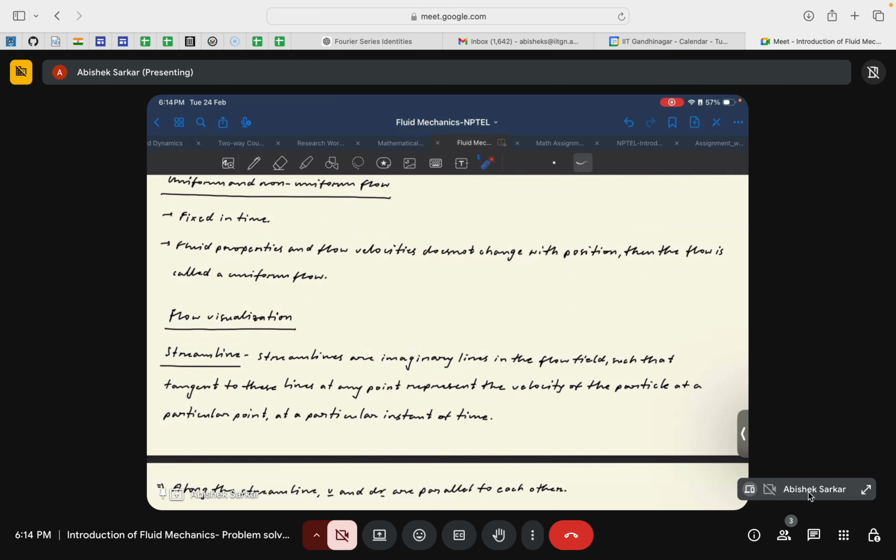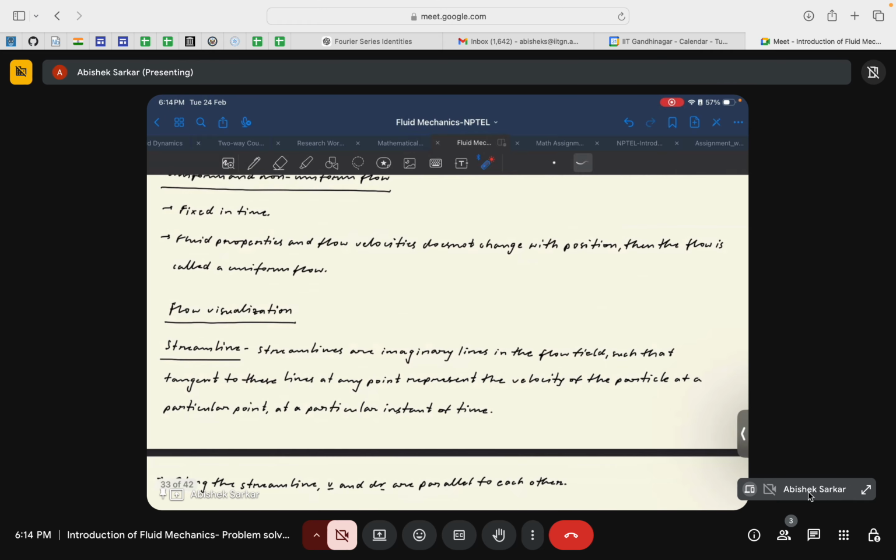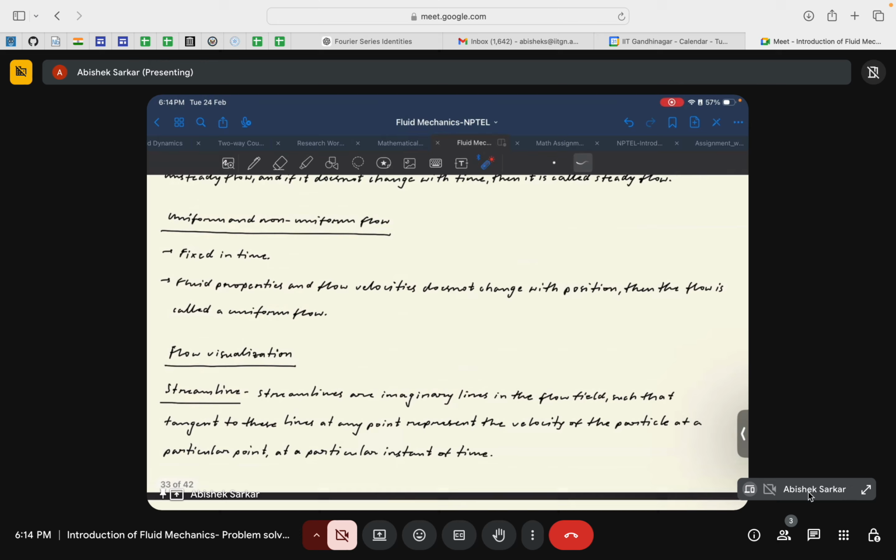For example, it's just a very simple example, for a given instant, say in a particular flow domain, I'll just draw a flow domain. Say the orientation of the flow velocity is something like a random orientation. Say all the flow velocity vectors are oriented in a way that there is no uniformity in the flow direction.